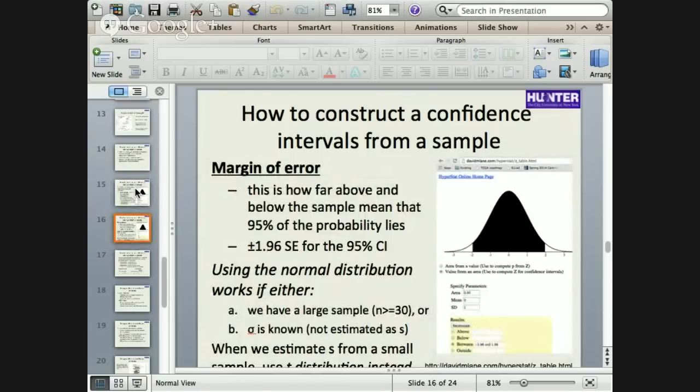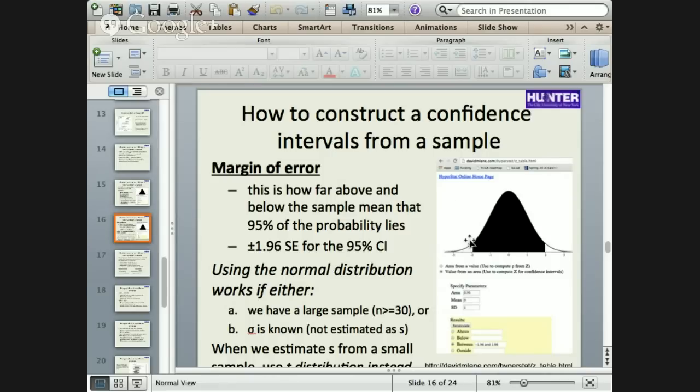Okay. So this term that I mentioned, the margin of error, is how far above and below the sample mean that our confidence interval extends. Now, it is going to be a function of the standard error and how confident we want to be, what our confidence level is.